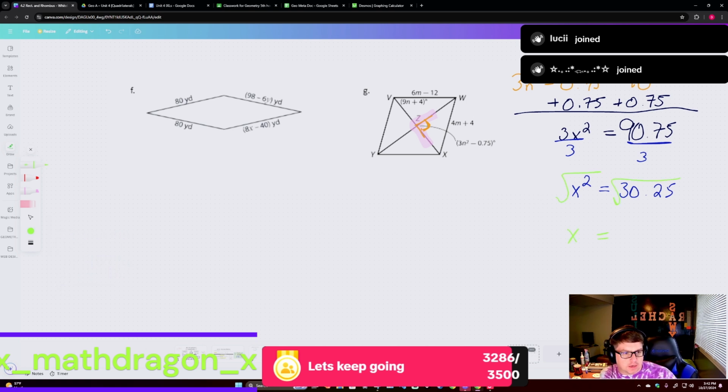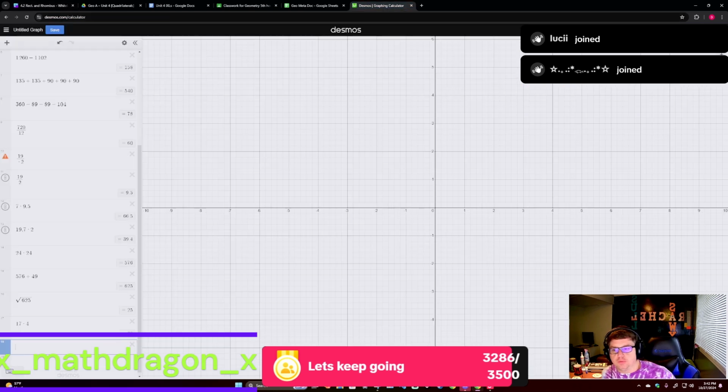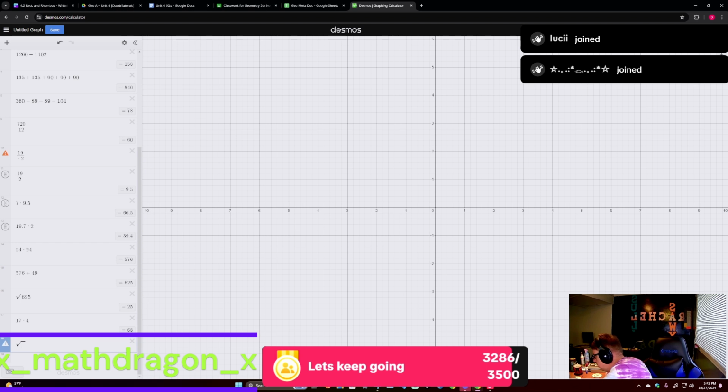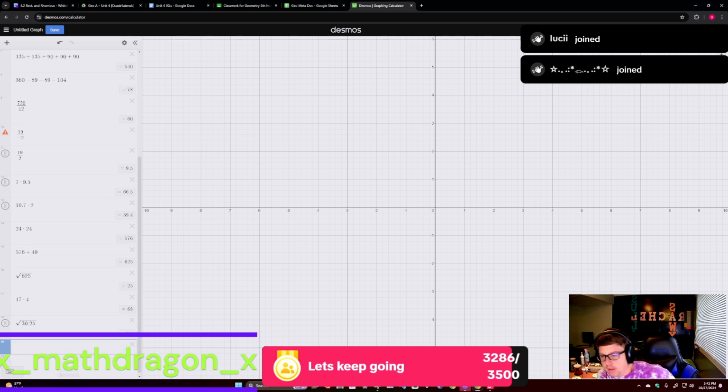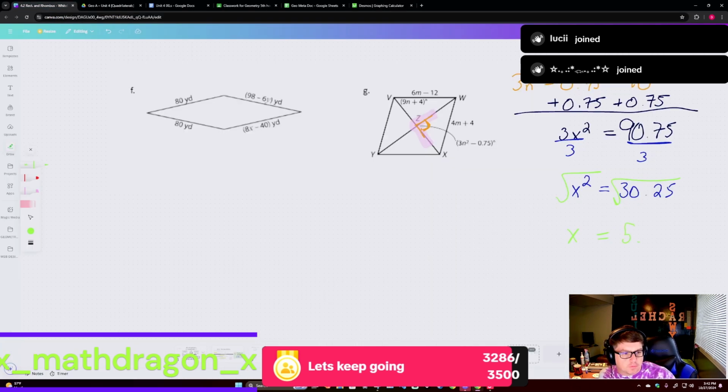And x is going to equal the square root of 30.25. Take the square root of 30.25 and get 5.5. So 5.5 is going to be my x value for this.